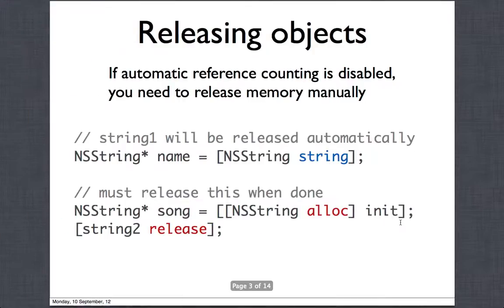Okay. Another thing to consider as your history, which you don't really need to worry about if you're programming for modern operating systems and using modern Objective-C and Xcode, is releasing objects. If you didn't put that checkbox when you were creating your first project, the checkbox being use automatic reference counting.